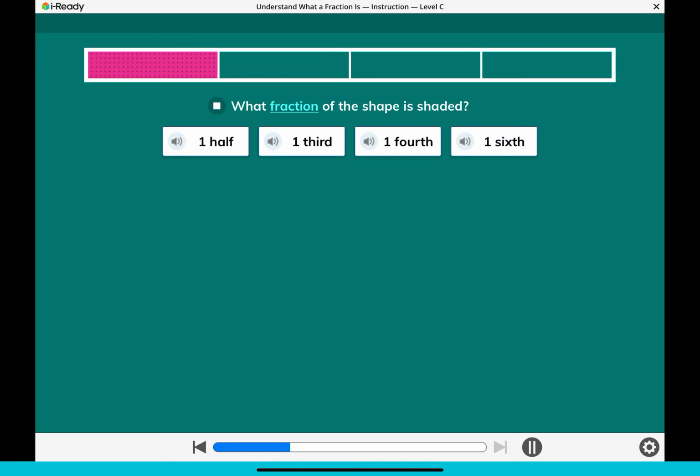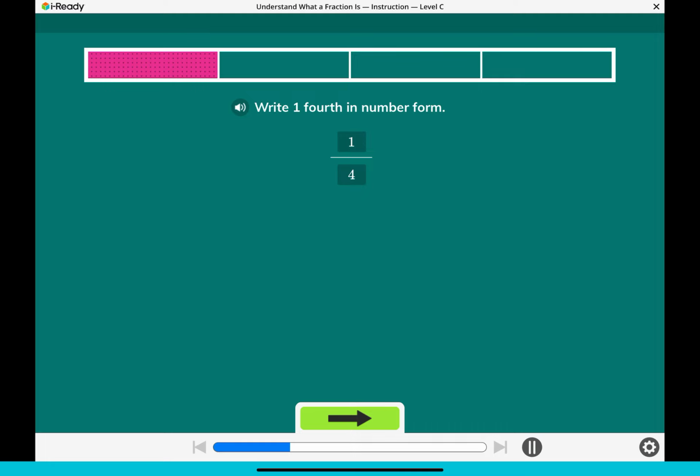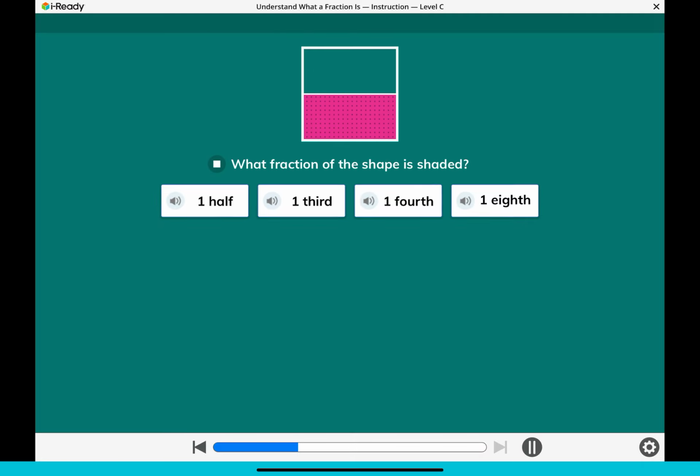What fraction of the shape is shaded? Write 1/4 in number form. Well done! What fraction of the shape is shaded?